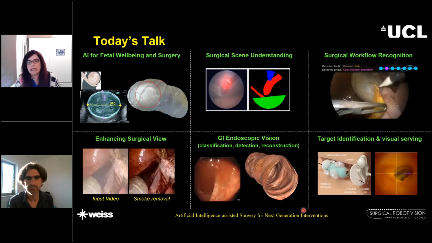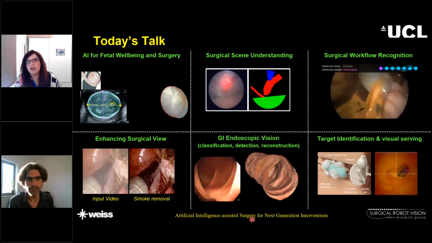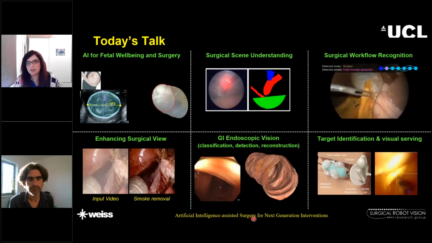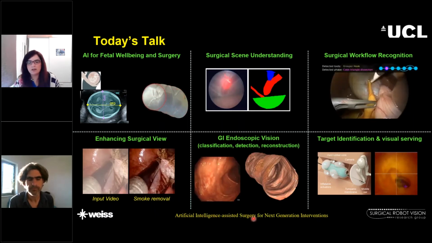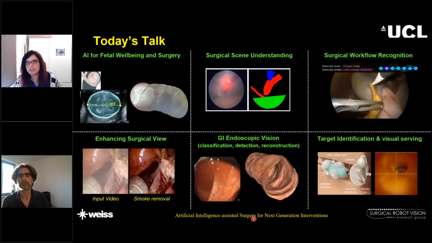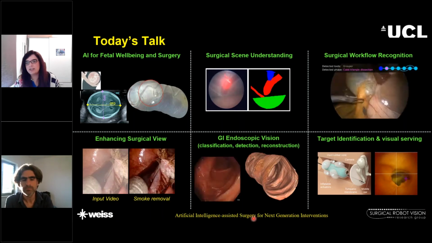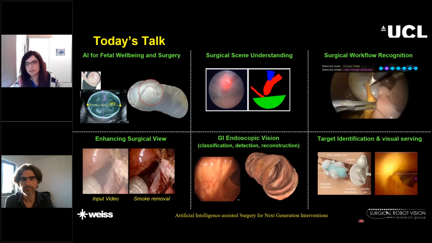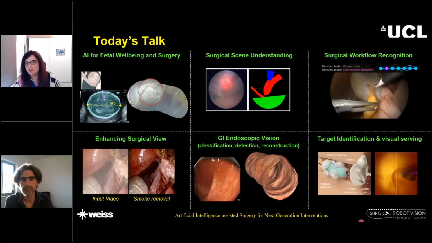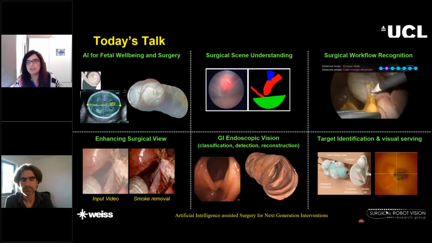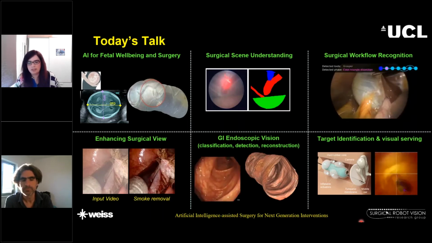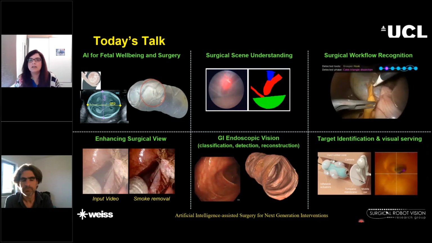Then how we can enhance the surgical view. I'll also be talking about the recent developments that we have done in gastrointestinal endoscopic vision for classification, detection, and reconstruction, and then also equipping the soft robot for target identification and visual servoing, some of the developments that we have done very recently.